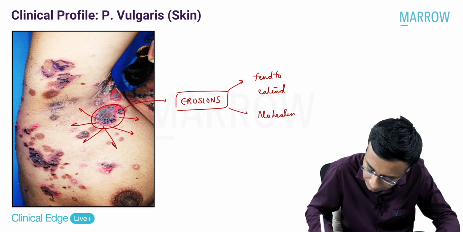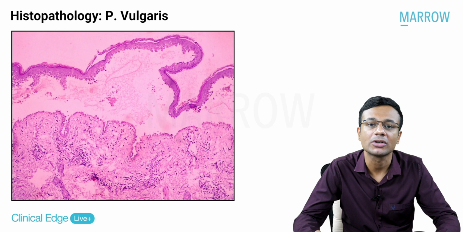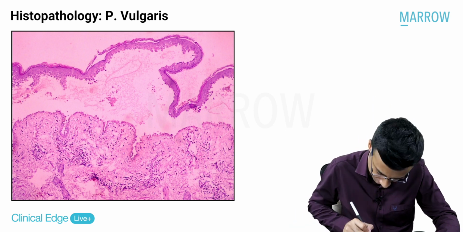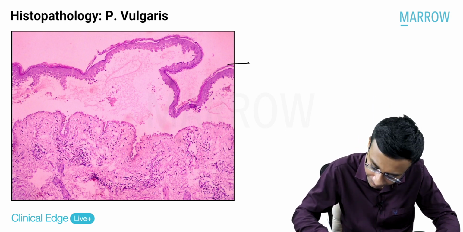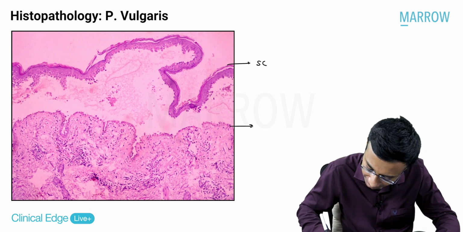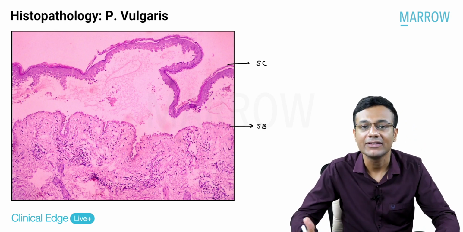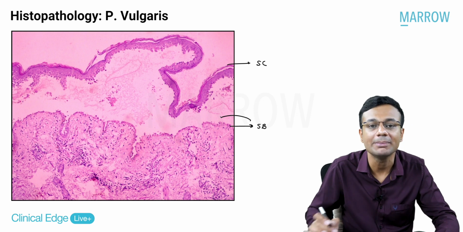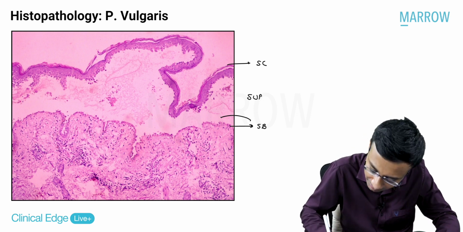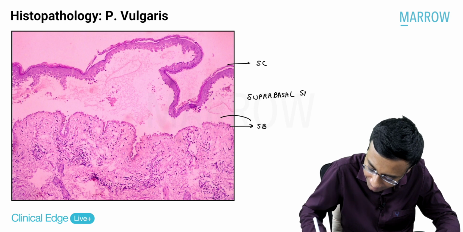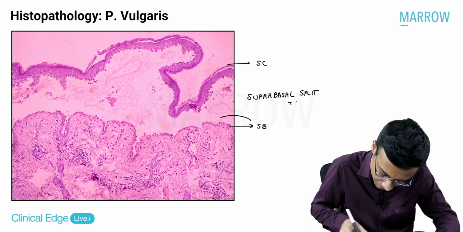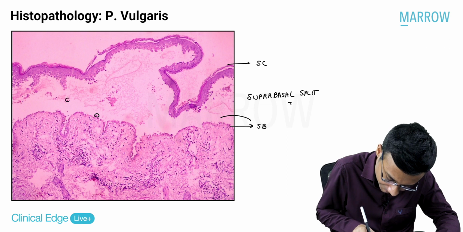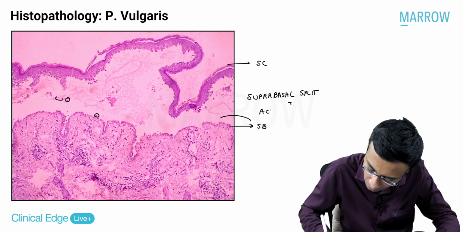And then when you look at the histopathology of this patient, this is the stratum corneum, and this is the stratum basale. We see that the level of the blister is just above the basal layer. This is called a suprabasal split. Then you have a few rounded cells over here; these are called acantholytic cells.